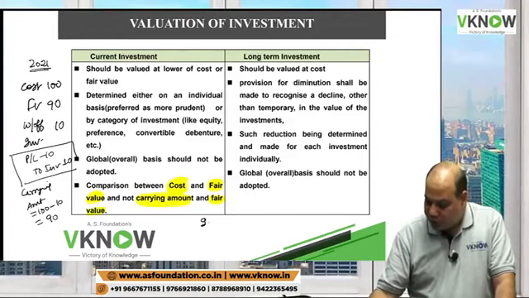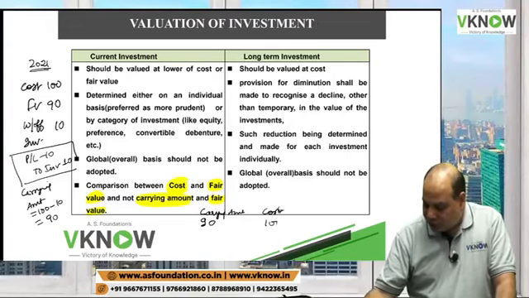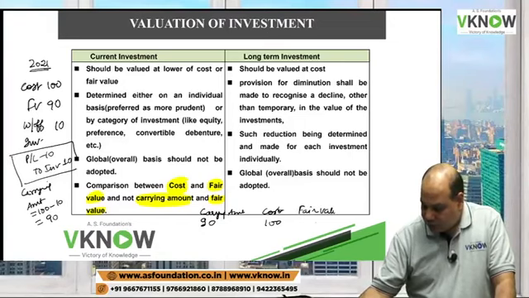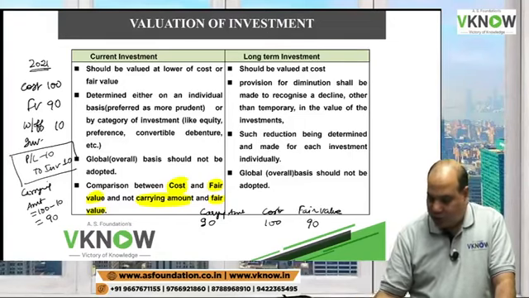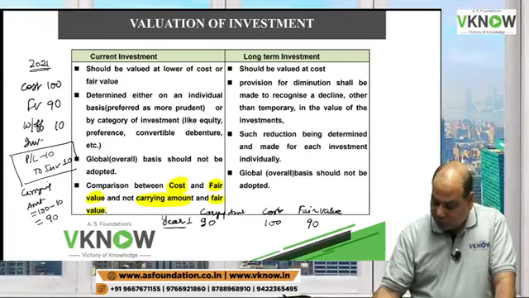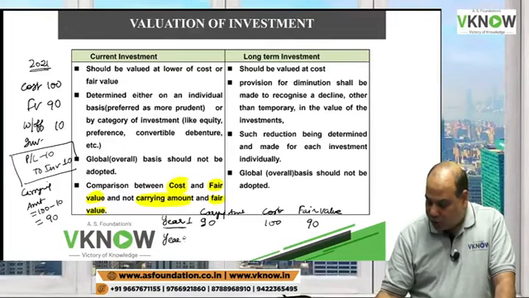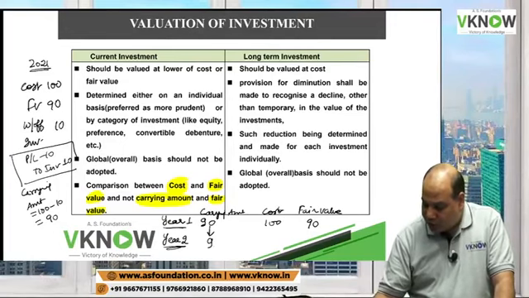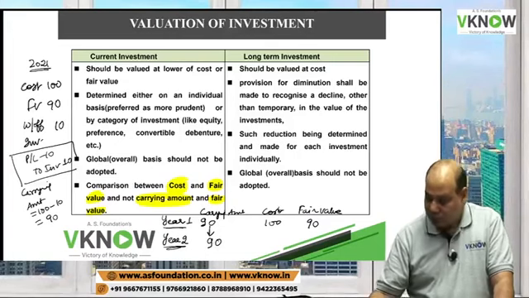So I have three figures with me now. 90 is carrying amount, cost is 100, and fair value is 90. This is year 1. Now we'll go to year 2. In year 2, this becomes my opening balance, so carrying amount is 90.